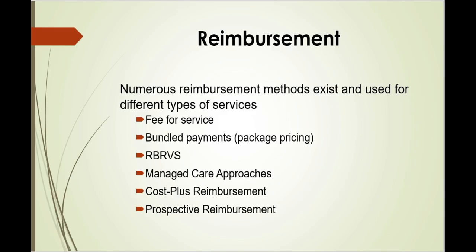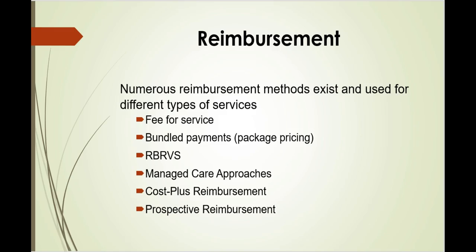Now there's something called RVUs, relative value units, that are based on the time, scale, and intensity that it takes to provide the service. So this is really assessing the physician's work. Now separate relative value units are assigned for overhead costs and malpractice insurance.